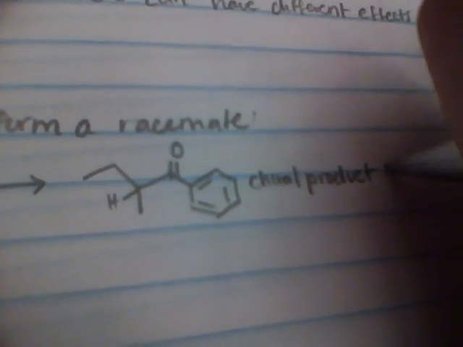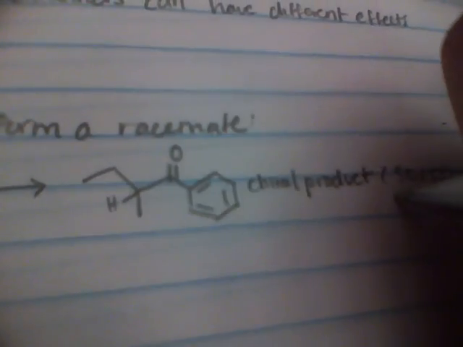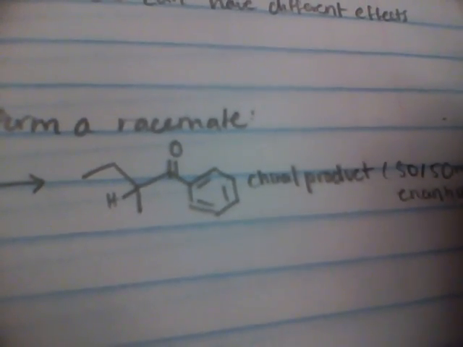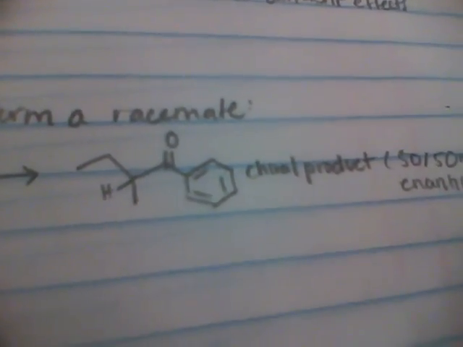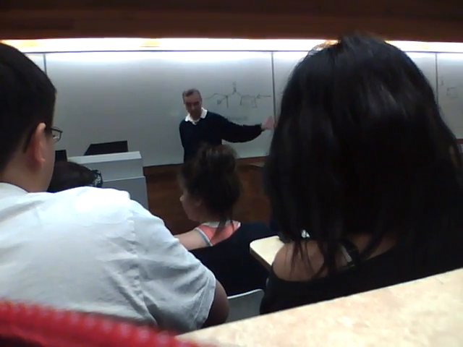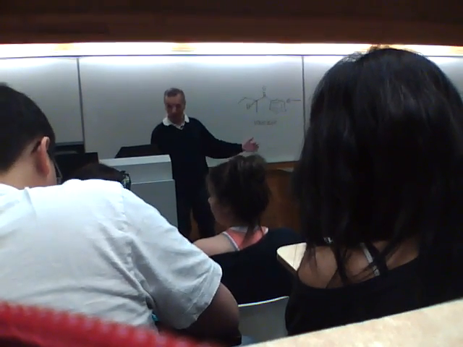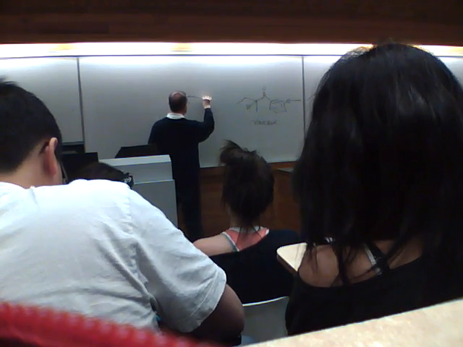Now I can explain that in a different way. Because this thing is flat and not chiral, as far as a proton is concerned, if it approaches from this side, it will see exactly the same things that it would see if it approaches from behind the board. So the probability that the proton will approach from the front is the same as the probability that it will approach from behind. If it approaches from the front, you get that.